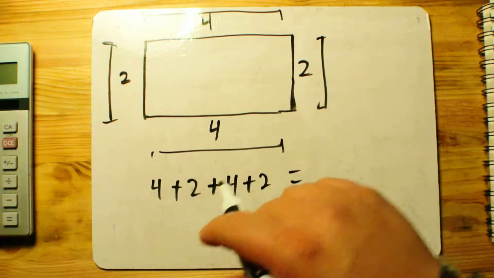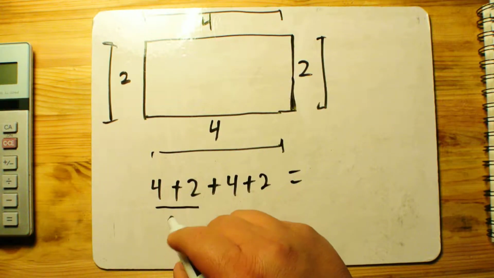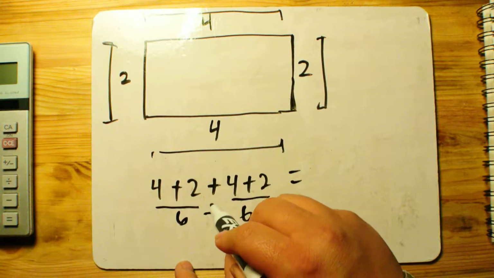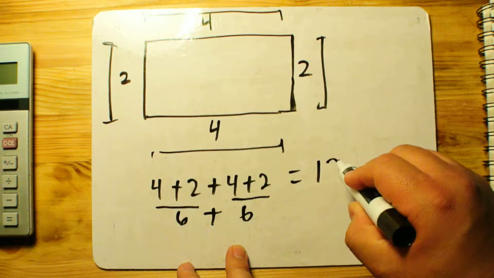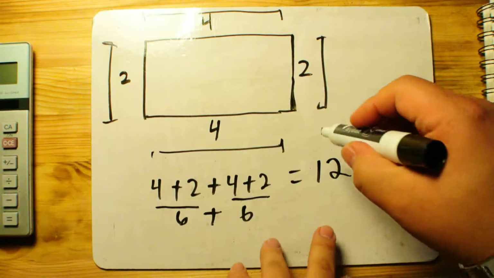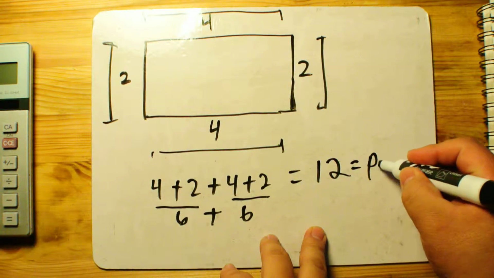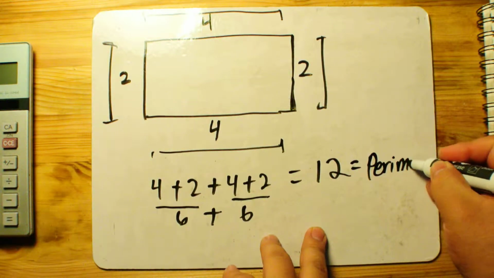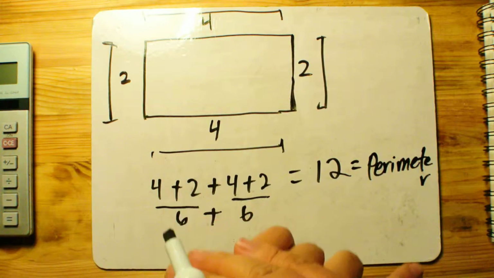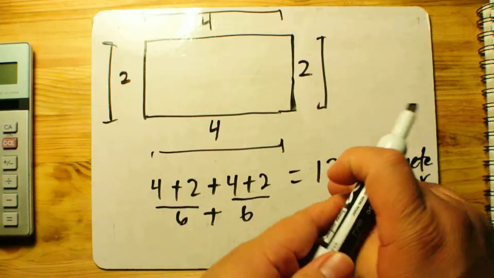Then we add them together. 4 plus 2 is 6, 4 plus 2 is 6, and 6 plus 6 equals 12. So that's our perimeter. There you go, perimeter. And that's pretty much it.